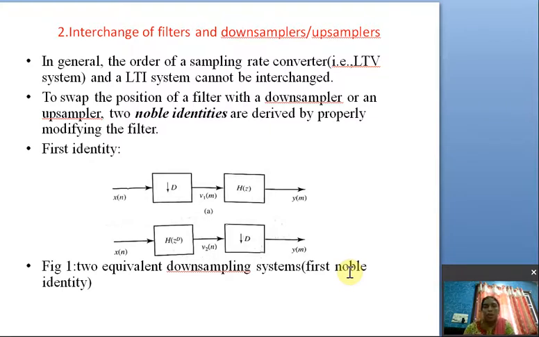The first identity is the decimation block diagram: decimation, then filtering action. Next one is H(z power D) followed by downsampling. Two equivalent downsampling systems, these are said to be the first noble identity.